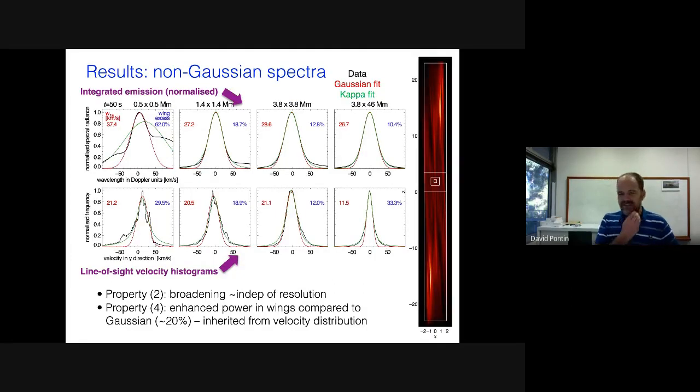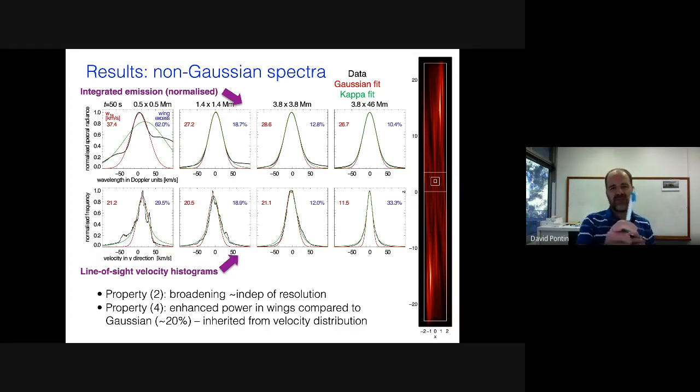So now we can dig into that in a bit more detail, and we can look not just at the spectra that we would get from integrating over the whole loop, but we can start to look at some different size viewing windows.